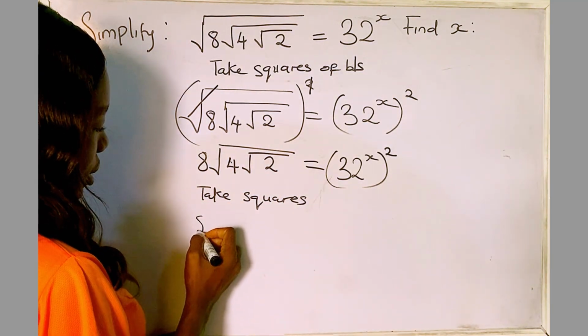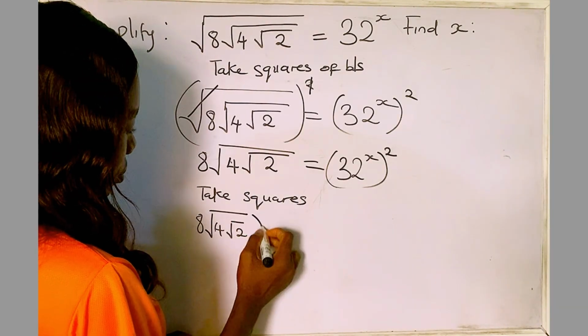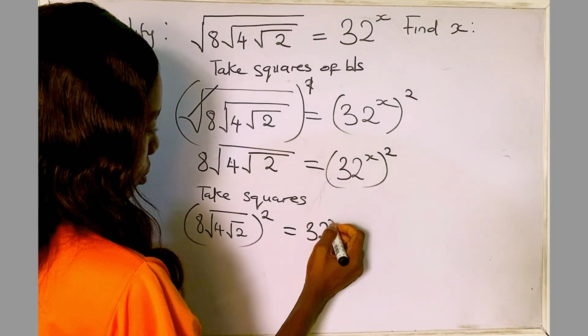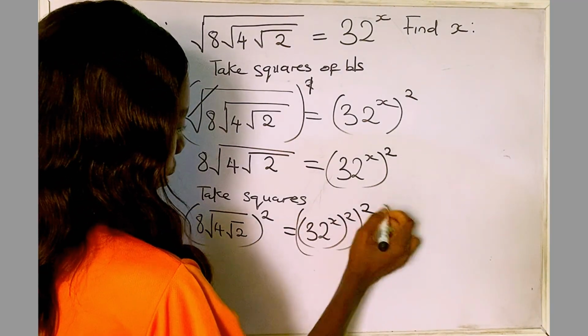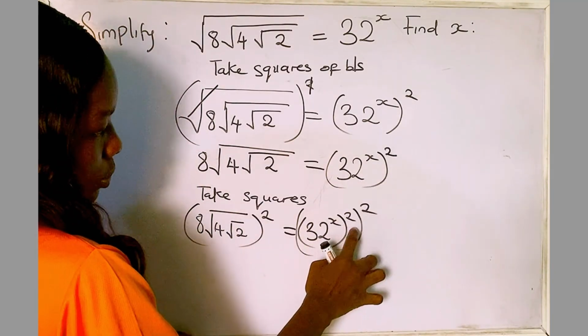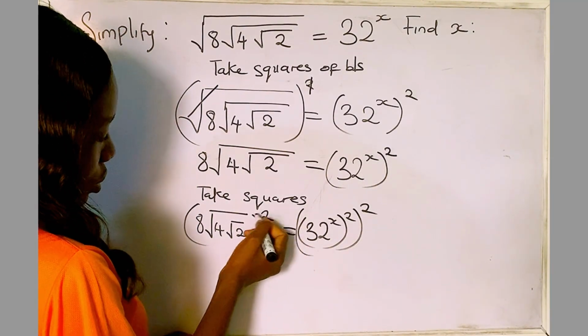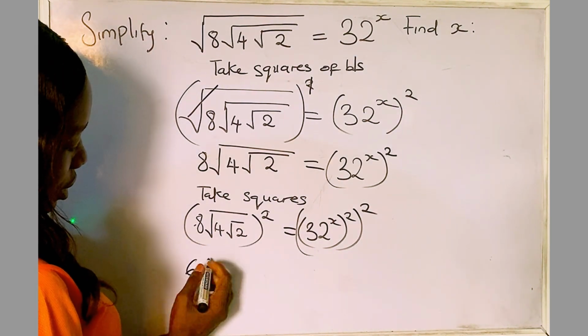So now we'll say 8 root 4 root 2, squared, equals 32 to the power of x, squared, squared. This is the original one. Take another square because we are trying to eliminate this outer one now. So now, first of all, 8 squared will give us what?